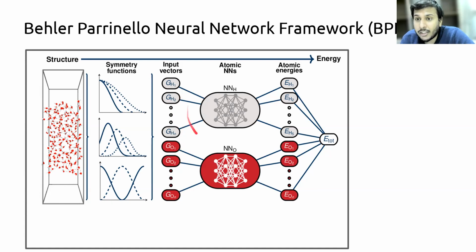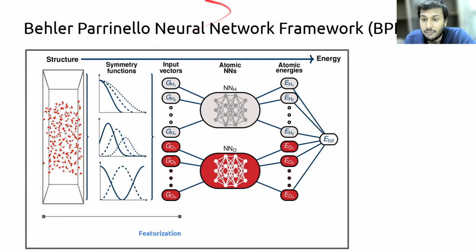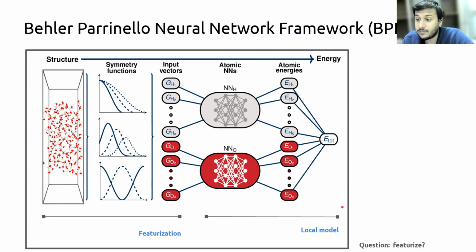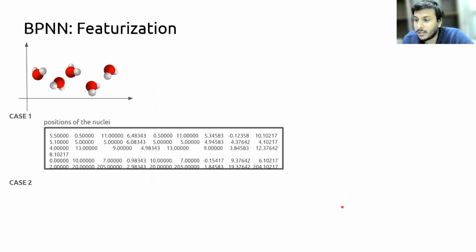After that you train a separate model for the hydrogens and a separate model for the oxygens, and with these models you predict the energy of each atom. So at the end, you have the energy of each hydrogen atom, and then you have your total energy. This part is called featureization, while this part is your local model.